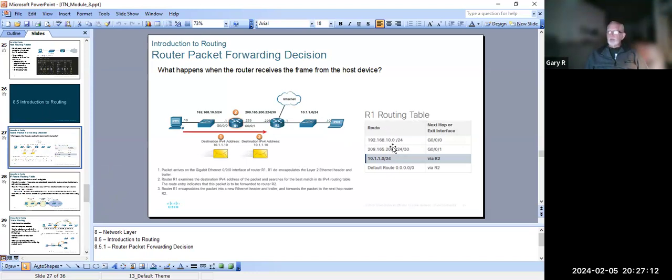It has to learn about the route first. It then has to learn what interface it goes out, and possibly what the next hop is along the way, the next router along the way. So we have routes here, and then we have where it goes next in our routing table.